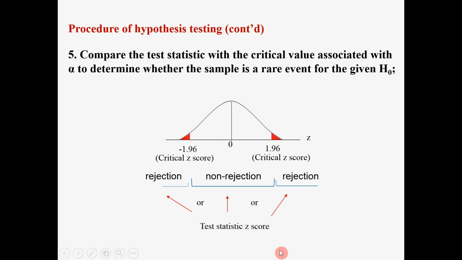Alternatively, if the sample mean test statistic z-score is somewhere between the negative and the positive 1.96, then we would know that the sample mean does not fall in the rejection region. It is a non-rare event for the given null hypothesis, so we would have no reason to reject the null hypothesis.